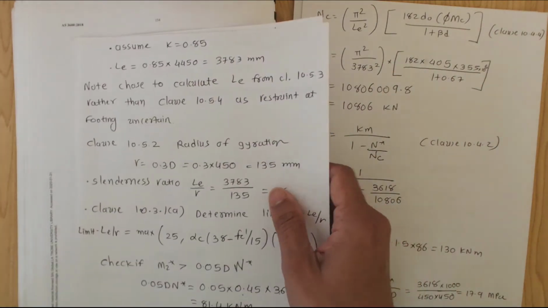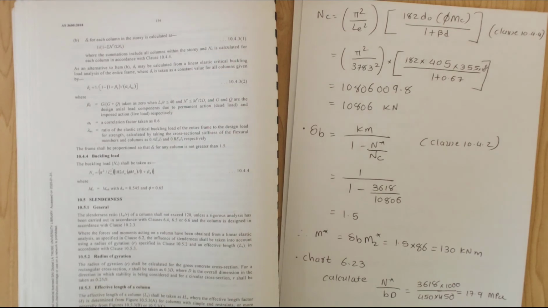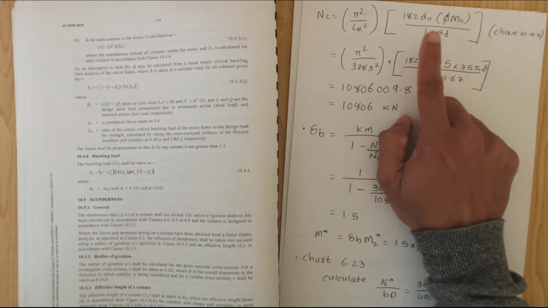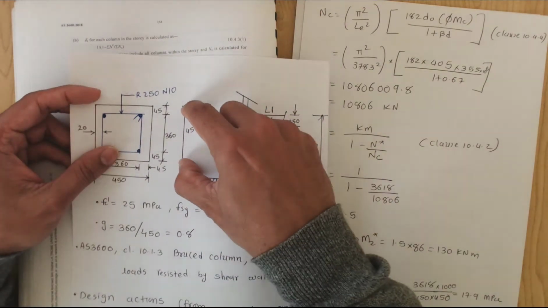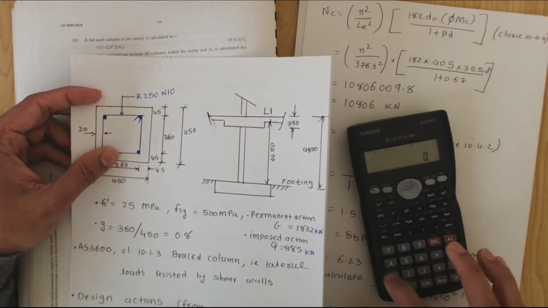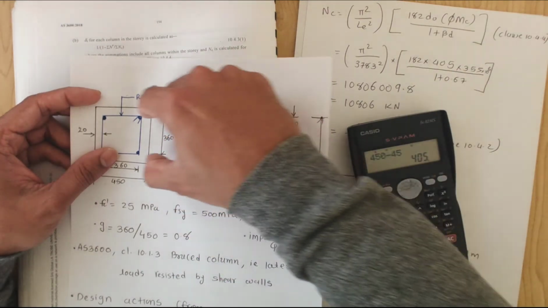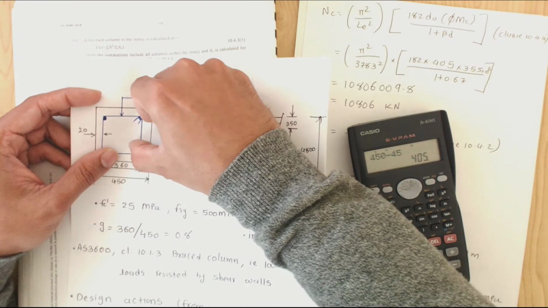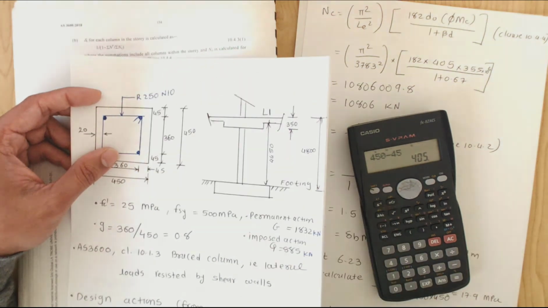Here you go, the effective length we calculated is 3783 millimeters, times 182. How are we going to get the d0? d0 is basically 450 take away this 45. So 450 take away 45 gives you 405, from the reinforcement here to the top of this edge.